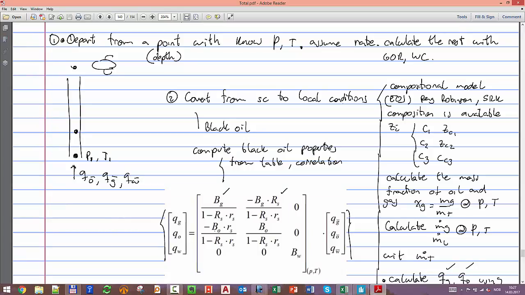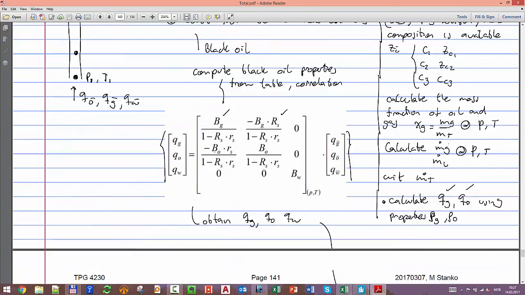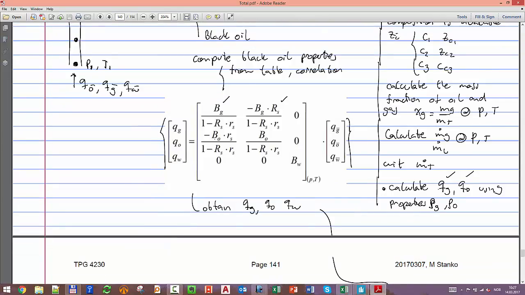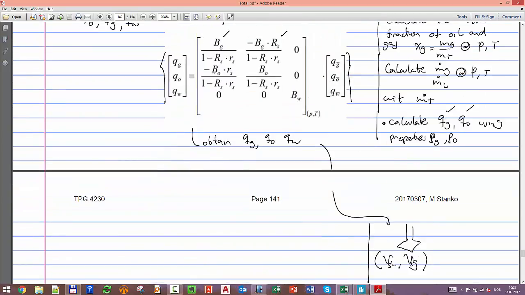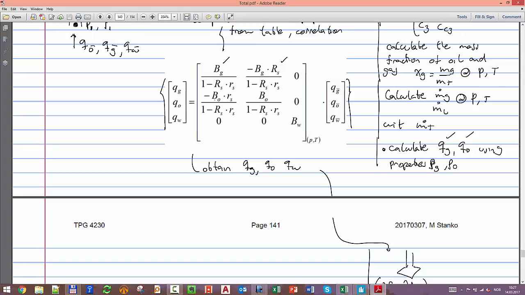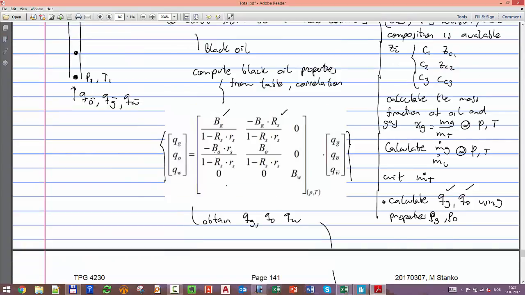If I have a compositional model, I told you, please first calculate the total mass rate, then you use the EOS to calculate the mole fraction, or the mass fraction of the oil and the gas, and then you calculate the local rates, and with the local rates you calculate the superficial velocities. With black oil, it's more straightforward.